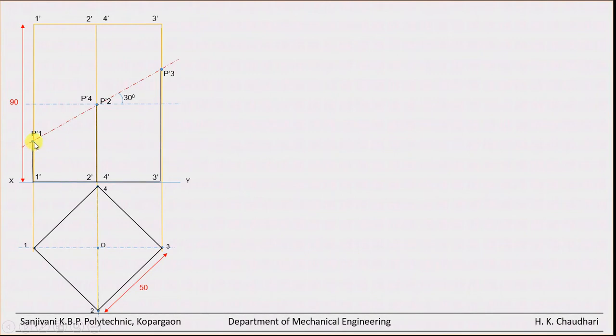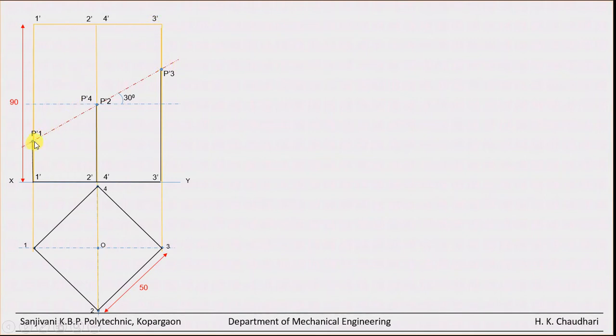Now next. Now these edges P-1 to 1 dash, there is the vertical edge which is not cut by this section plane above this point P-1. Clear? So all the remaining edges, now this portion, the above portion is removed. Clear?